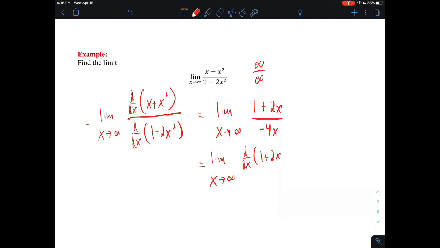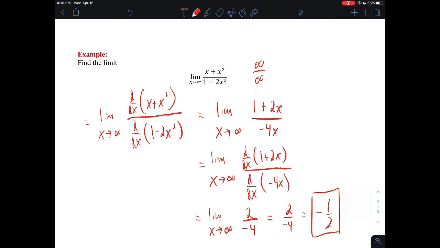So 1 plus 2x, I'll take the derivative of that, and then divide by the derivative of negative 4x. So now when I do that, I get the limit as x approaches infinity of, in the numerator I'll have 2, and in the denominator I'll have negative 4. That just becomes 2 over negative 4, which is negative 1/2.